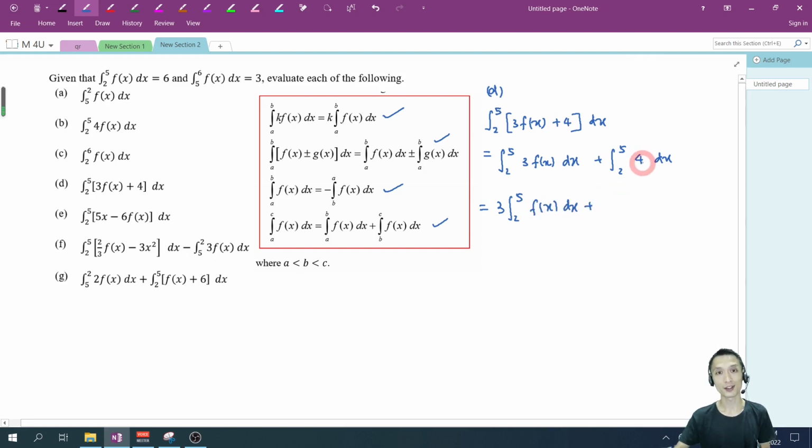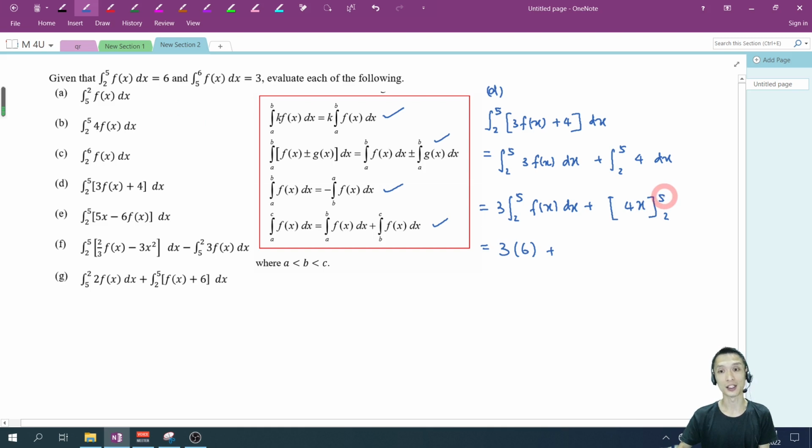So this one, we can integrate ourselves. For this part, 3, you just copy. What is the answer for this one? 6. So this one is just normal integration.